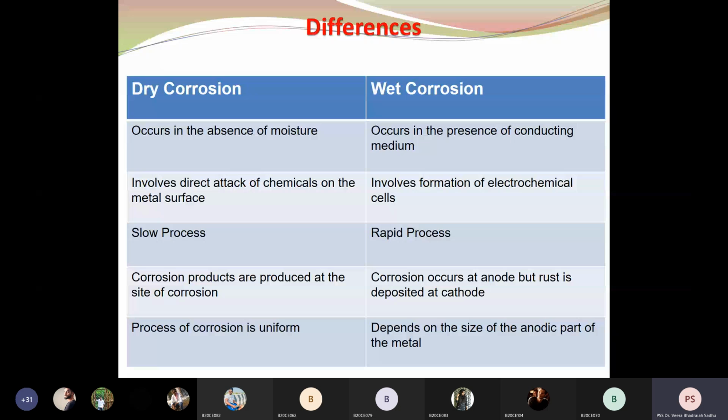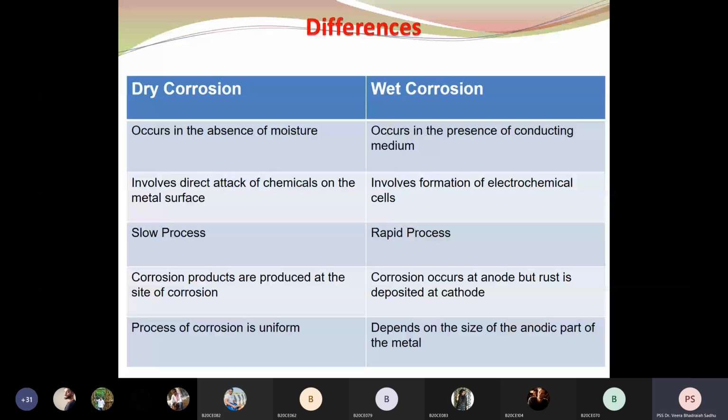Wet corrosion is also called electrochemical corrosion, so it occurs only in a conducting medium. If it is not conductive, it may not occur. Dry corrosion involves direct attack of chemicals on the surface of the metals, and wet corrosion involves the formation of electrochemical cells.